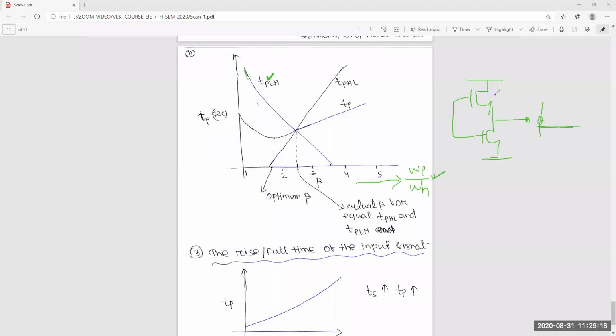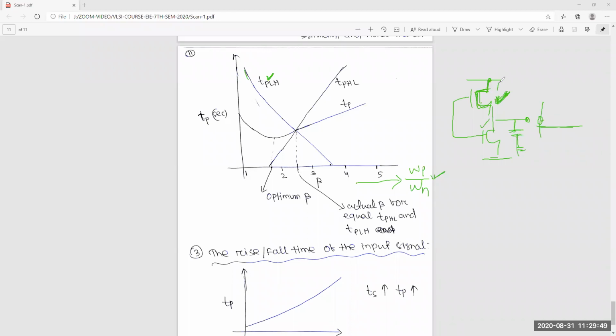Now what happened? You are increasing this value. What happened? It will try to charge this node very fast. Yes or no? If you are increasing this value compared to this, if this is constant, then for low to high, this VDD will charge this capacitor.